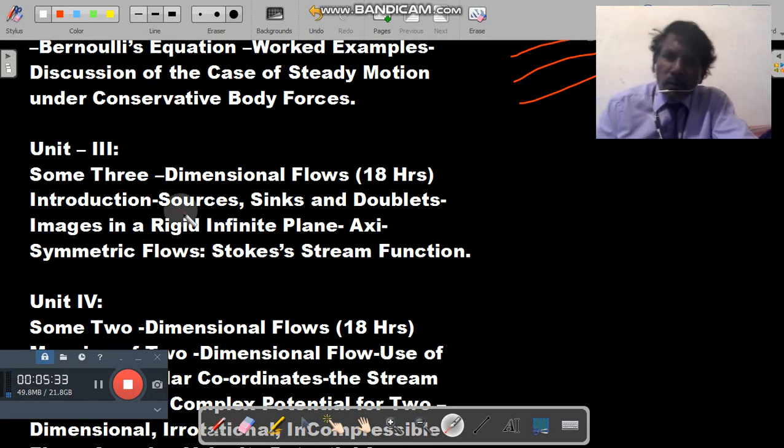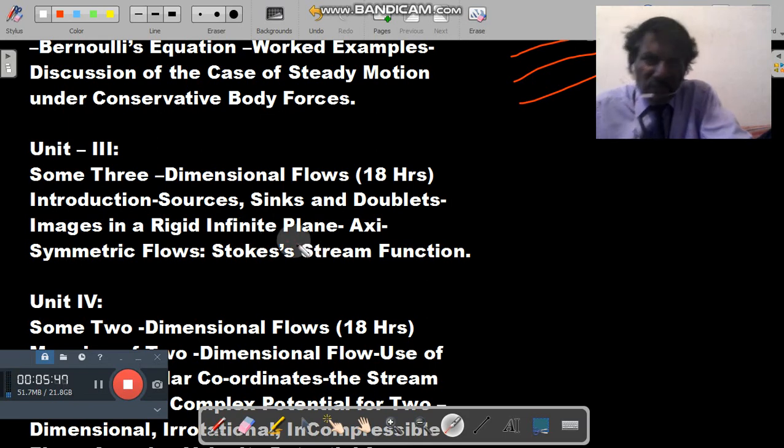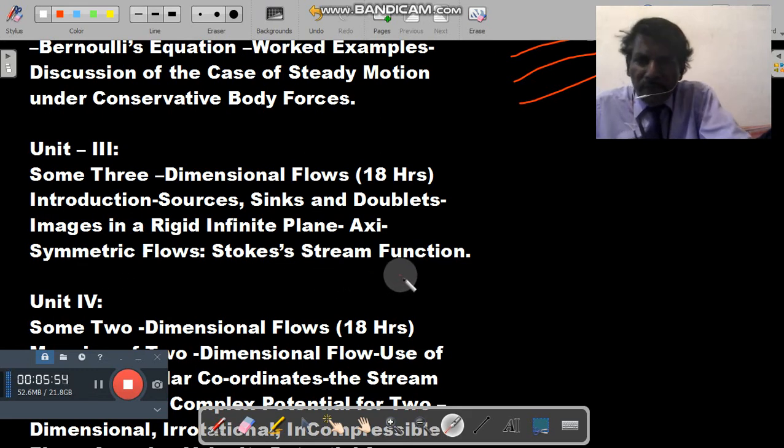From that we can define what is a source, what is a sink, what is a doublet, and also images on a rigid infinite plane. This is what we are going to study. Axisymmetric flows, Stokes stream function.